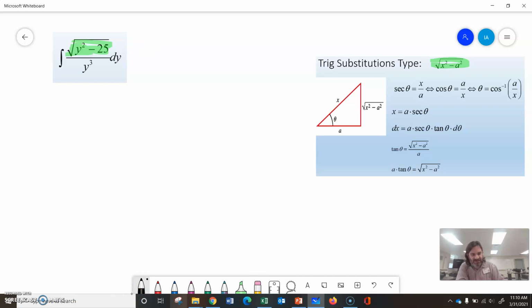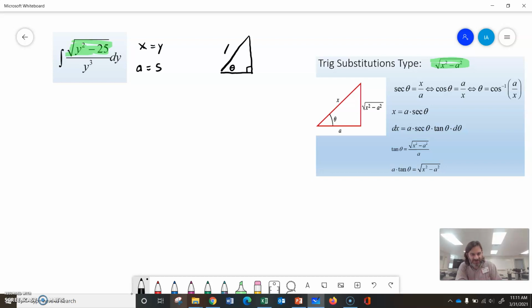Okay, the x's are taking the place of y's, and the a is taking the place of 5, because that's 5 squared. Okay, and with that, let's just go ahead and draw ourselves the triangle. Right triangle. We can put our angle wherever we want, as long as it's not the right angle.